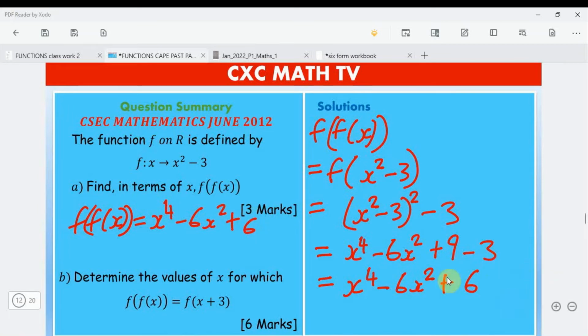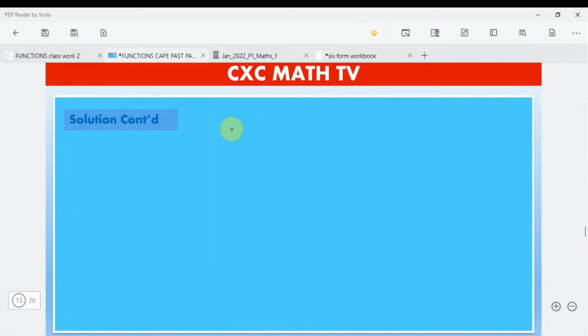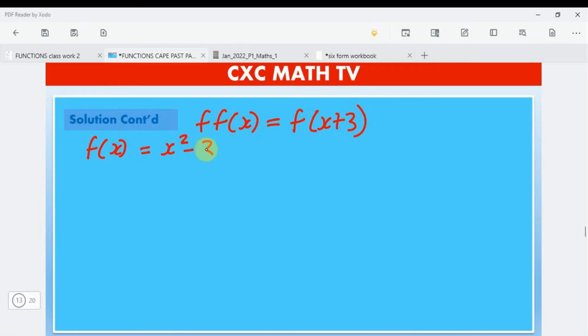Nice. Now it says we need to determine the values of x for which f of f of x is equal to f of x plus 3. Easy stuff. So what we're going to do now is we have f of f of x is equal to f of x plus 3. We need to find an expression for f of x plus 3. Now f of x, remember, was x squared minus 3.